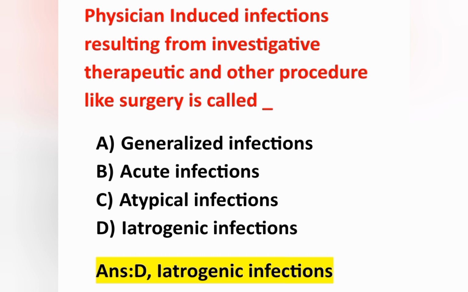Iatrogenic infections are those infections which are acquired from the physician. They are known as physician induced infections. That is, during any surgical procedure or any therapeutic or diagnostic procedure, if the person gets an infection, it is known as iatrogenic infection.